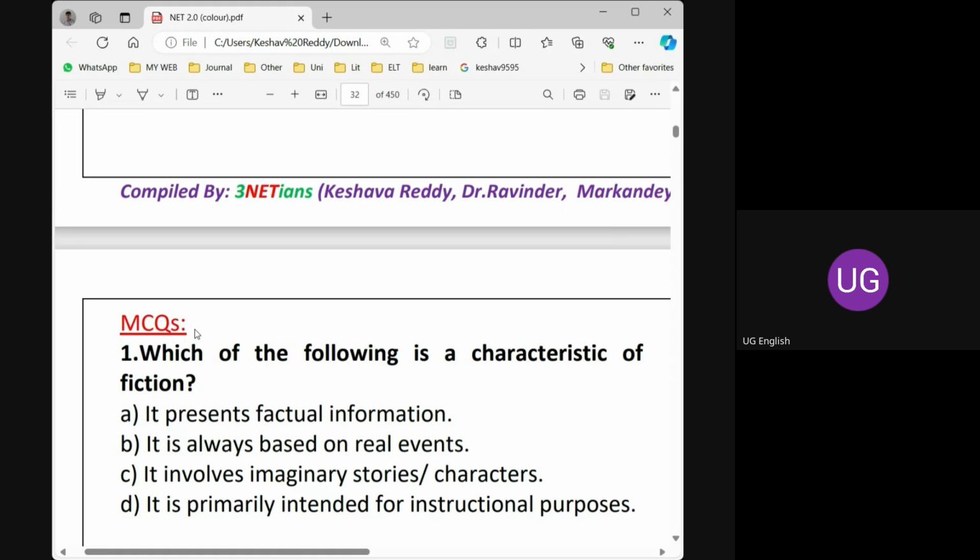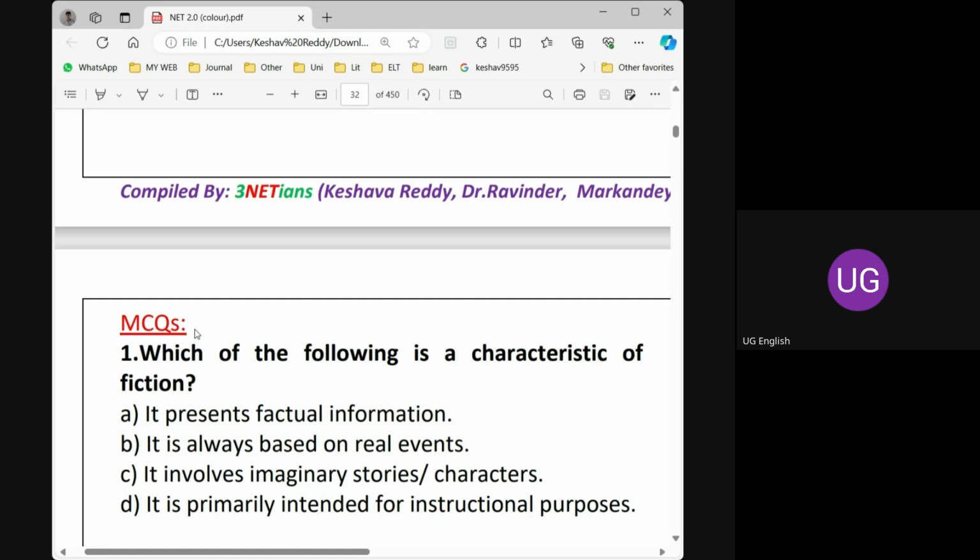Which of the following is a characteristic of fiction? Obviously, the answer is C. Whenever you come across MCQs, the best way to solve them is to eliminate.